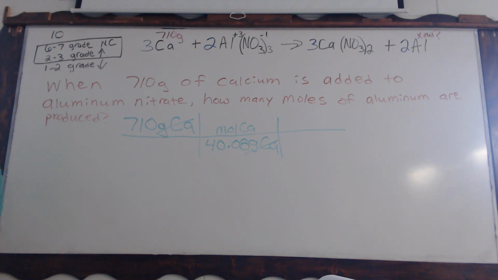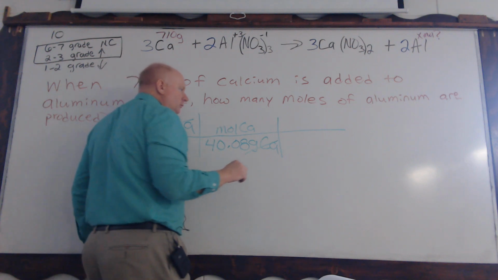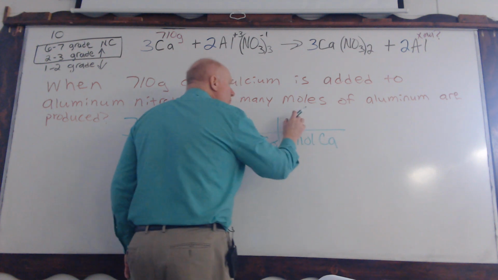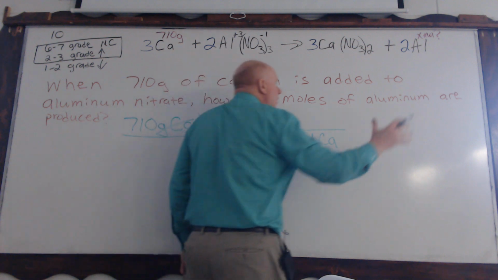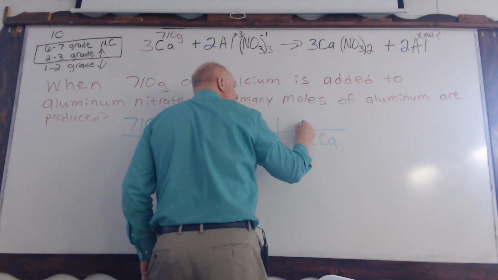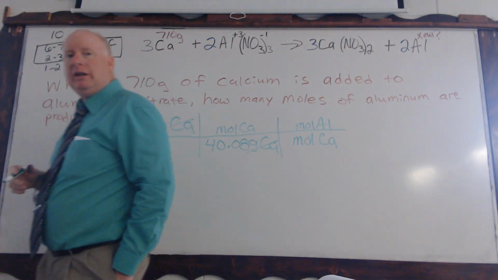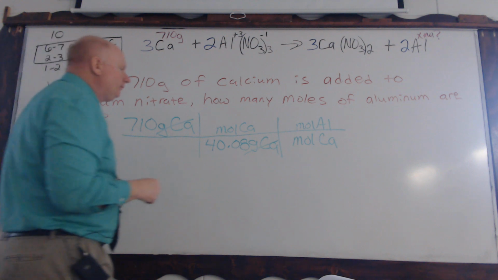So how do we get rid of this next mole? Okay, moles of calcium to moles of what? Okay, because that's what we are looking for, is moles of aluminum. And we have a mole ratio, which means 3 moles of calcium.